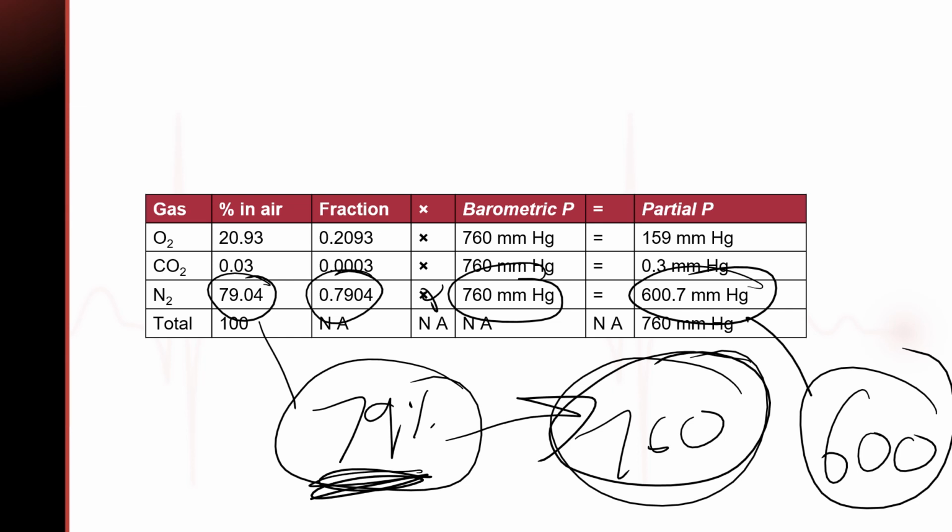If nitrogen makes up 79% of the air and total air pressure is 760 millimeters of mercury, then nitrogen must contribute 79% to that total air pressure of 760. 79% of 760 is 600. 600 millimeters of mercury is the partial pressure of nitrogen at sea level. Its partial contribution to the total air pressure.